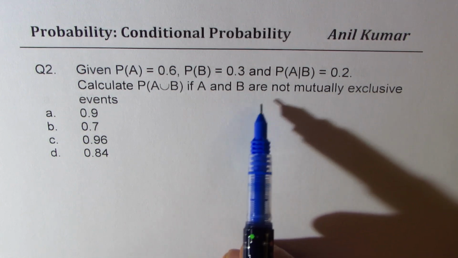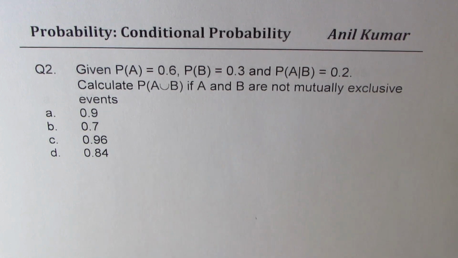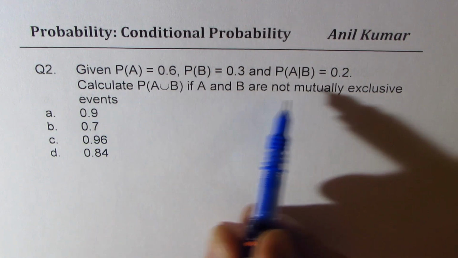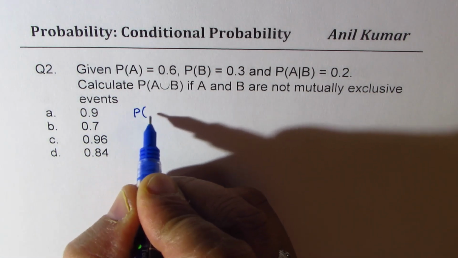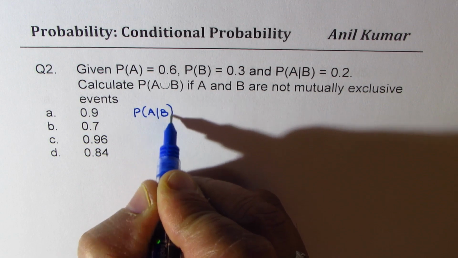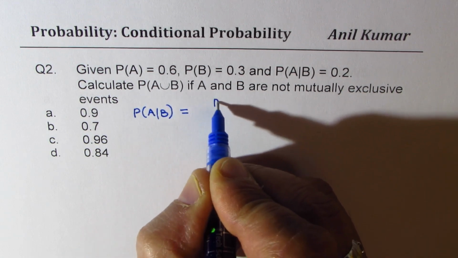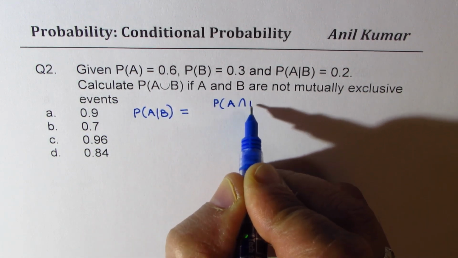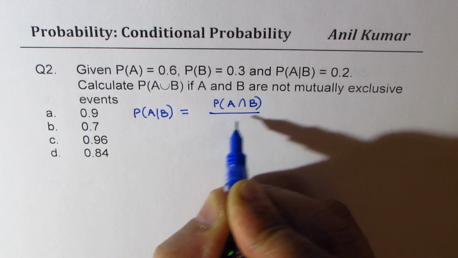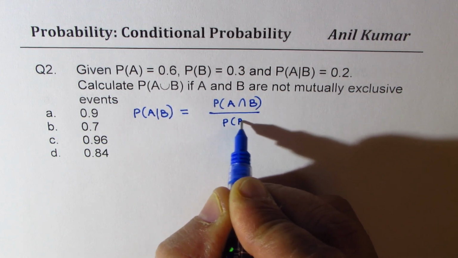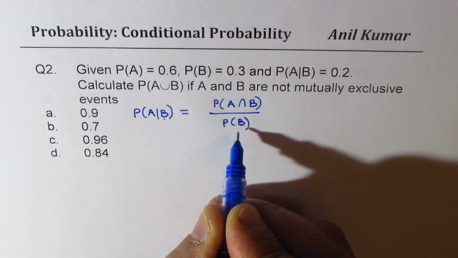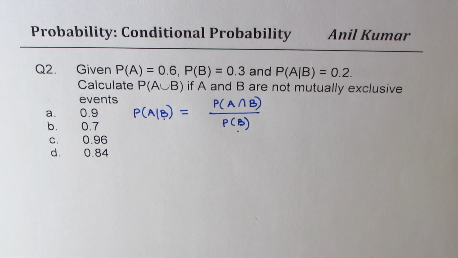That means there's something common in between, right? Okay. So let's begin with our formula, which is probability of A when B has occurred can be written as probability of A intersection B divided by probability of B, right? So this thing comes in the denominator. That is a straightforward relation.